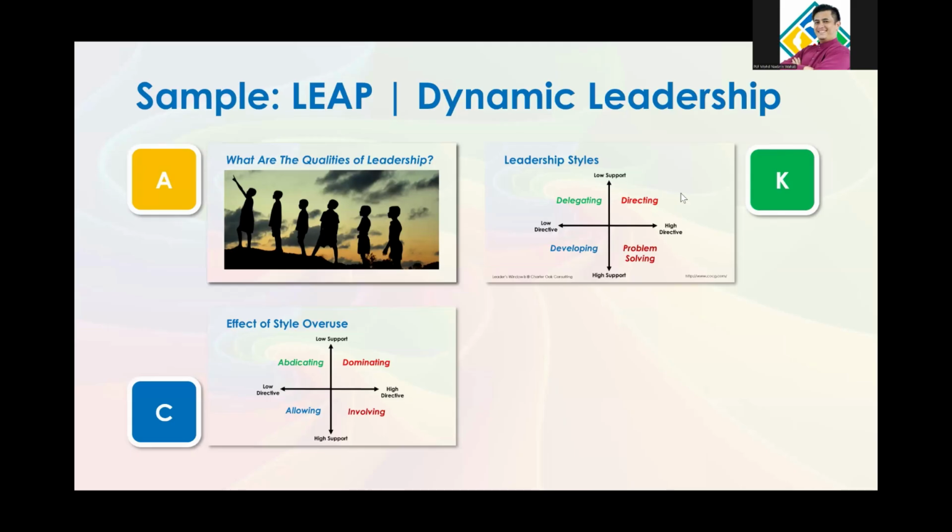Does that make sense, Muhammad? Are you there? Is my connection okay? Yeah, okay, it makes sense. Sorry, Nazrin, what did you say?